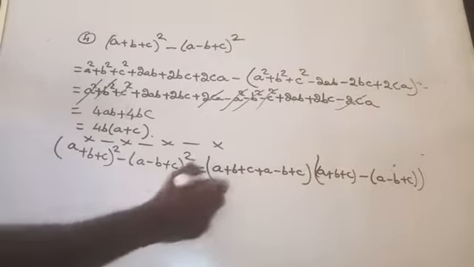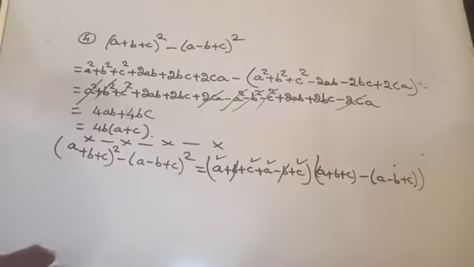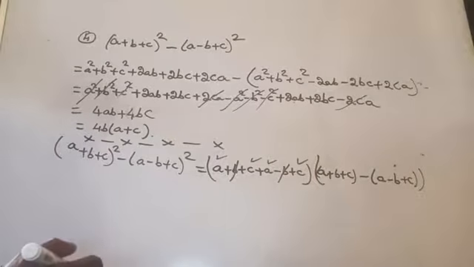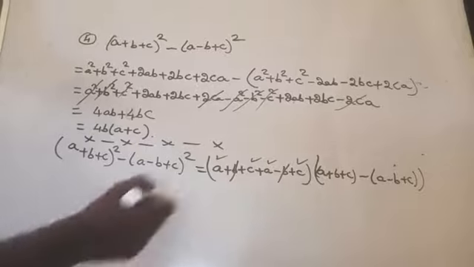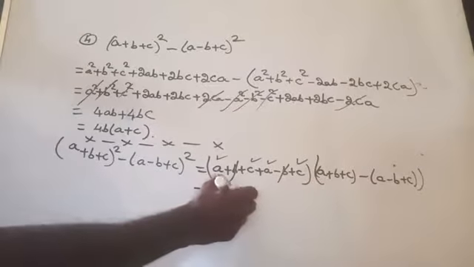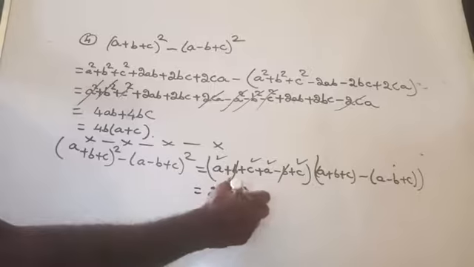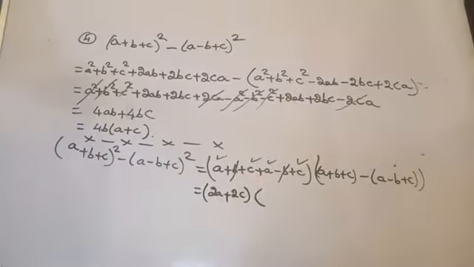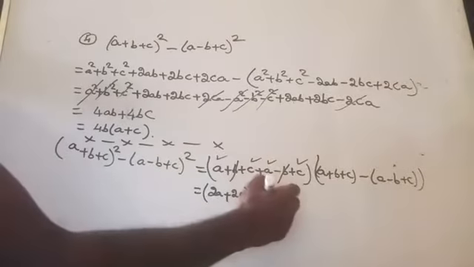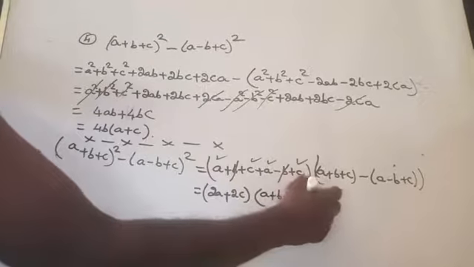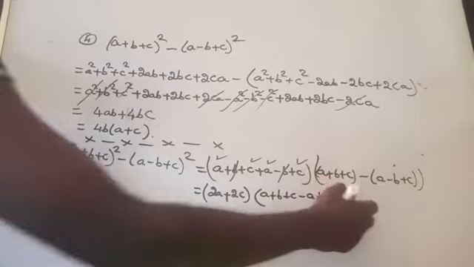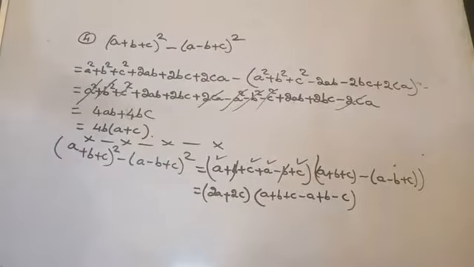Now here what you can do, minus B plus B you can cancel, A plus A is what? 2A, C plus C is what? 2C. Am I right? Yes. So 2A plus 2C here into A plus B plus C minus A plus B minus C. Am I right?